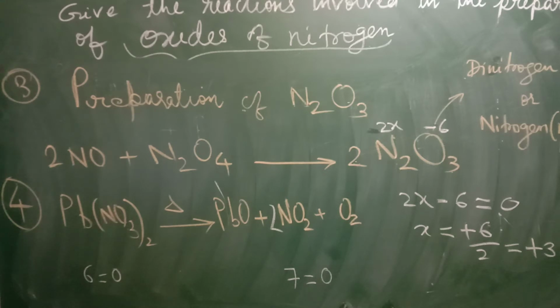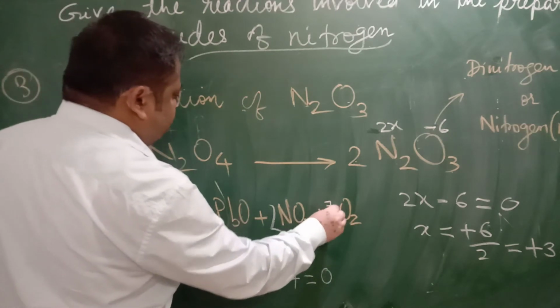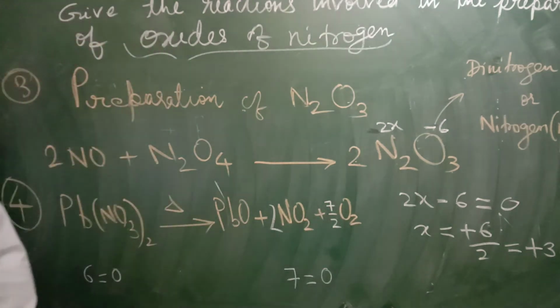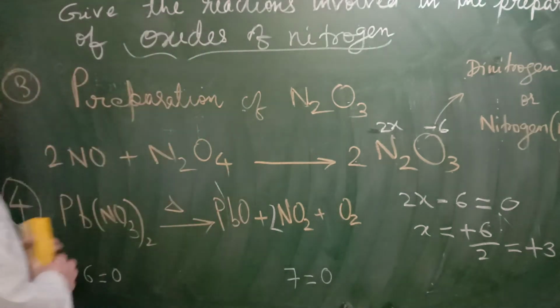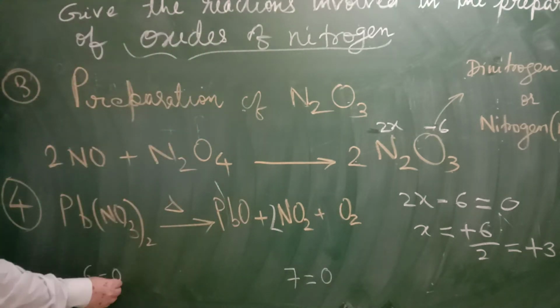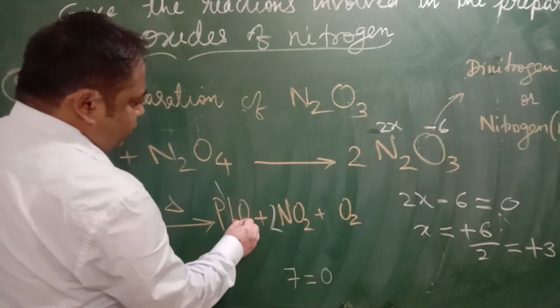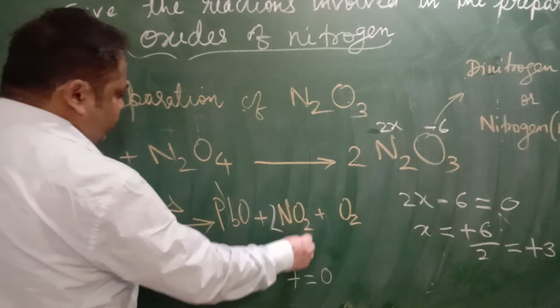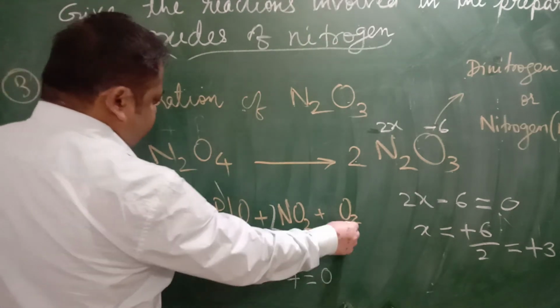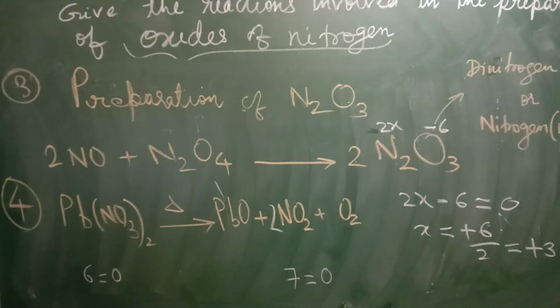So we can decrease 1 oxygen atom by multiplying this with 7 by 2. Can we? Let us see again. There are 6 oxygen atoms here, and on this side 7 oxygen atoms.